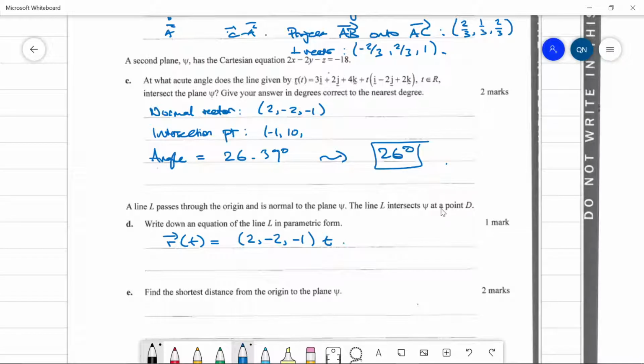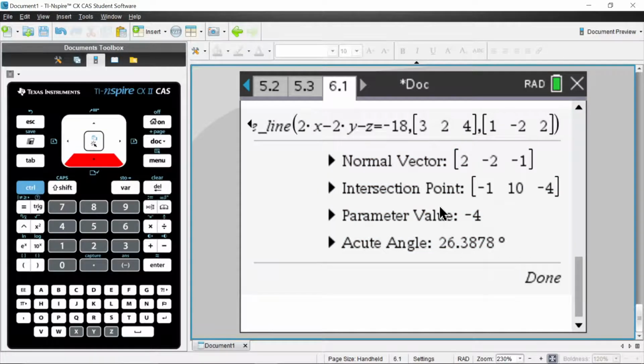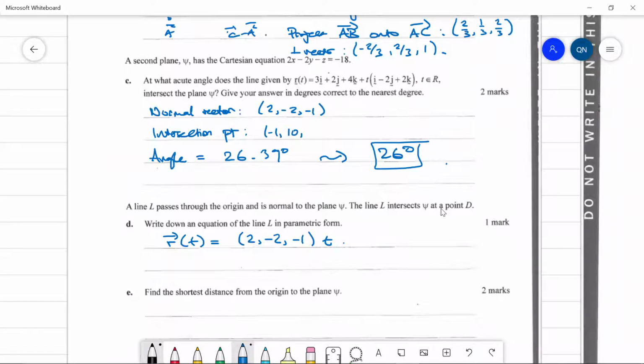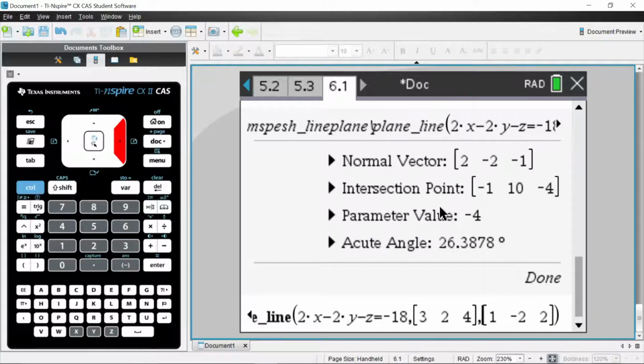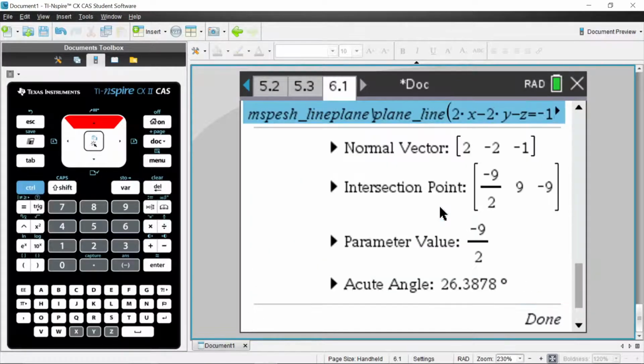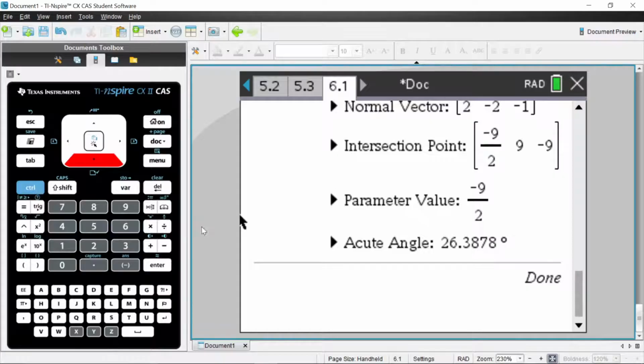Find the shortest distance from the origin to the plane psi. So you could probably use this, but I'm just going to use the program for it. You can probably just use this again, but change that position vector to 0, 0, 0. And you get, what do you get? The shortest distance. No, I'm using the wrong program.